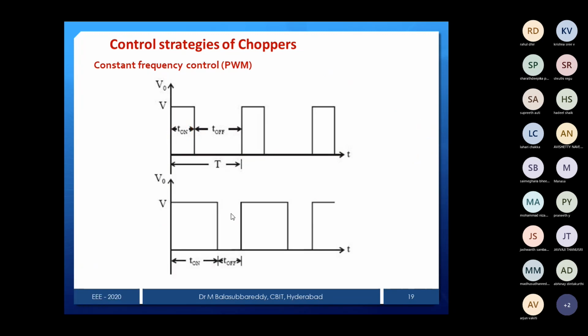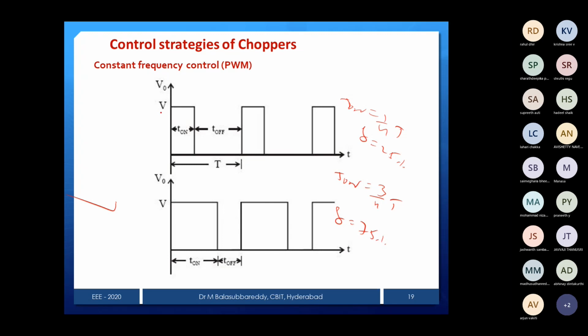Now you can see the on period. In this case, consider T on as 3/4 of the total time. Then delta is equal to 75%. Here T on is equal to 1/4 of the total time. Delta is equal to 25%. So like this. This control strategy we call time ratio control, because the ratio is of time only.